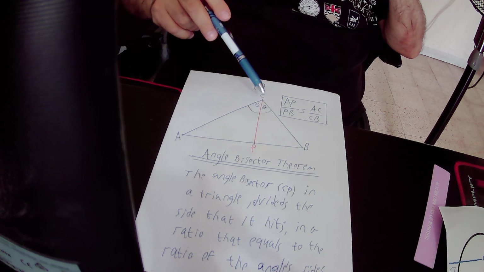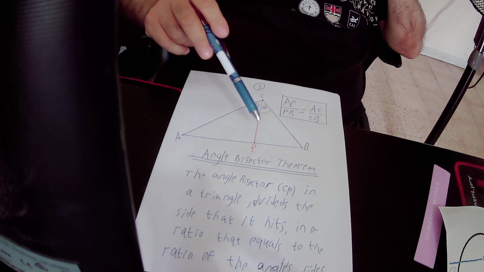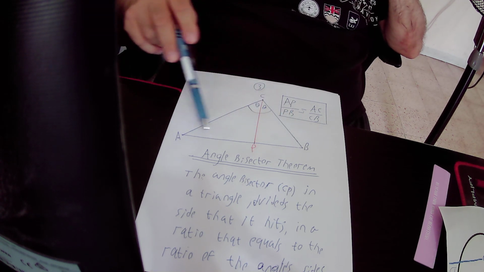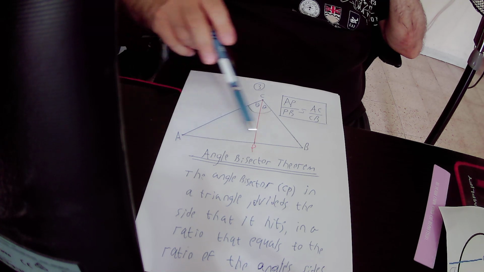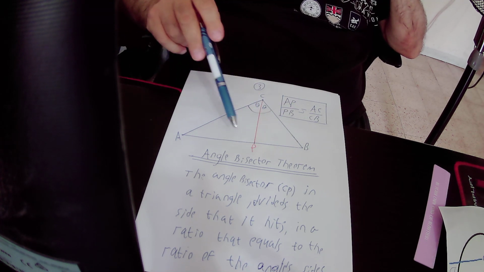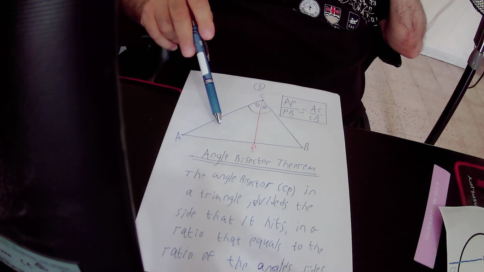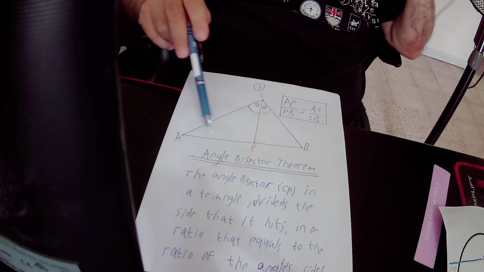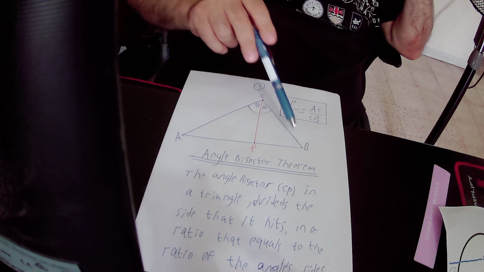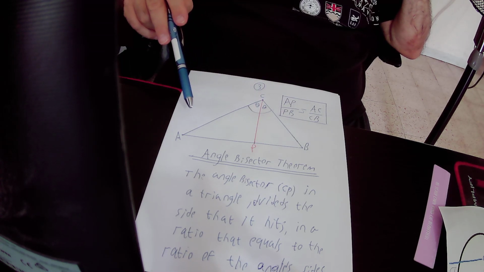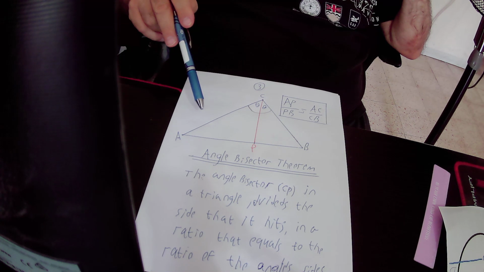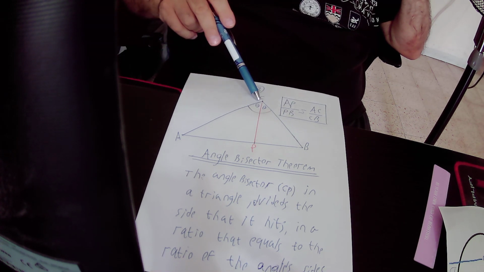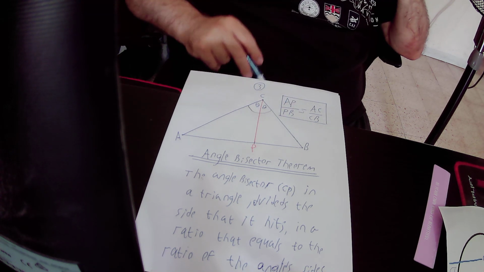So this angle bisector divides the side of the triangle that it hits, that is to say AB. AB is divided by CP into two parts, and the ratio between those two parts, AP over PB, equals the ratio between the angle's sides, AC over CB.